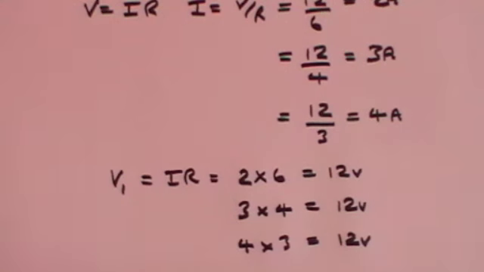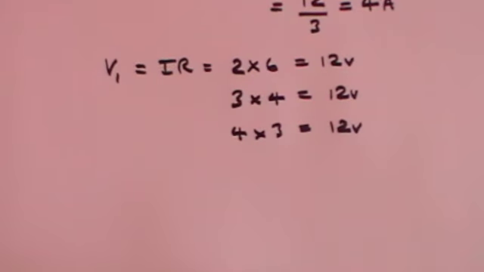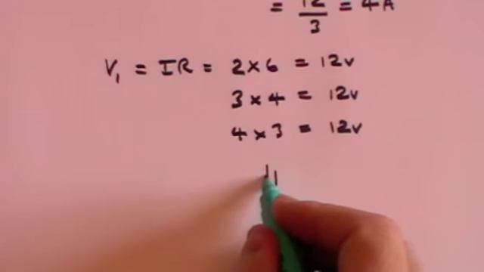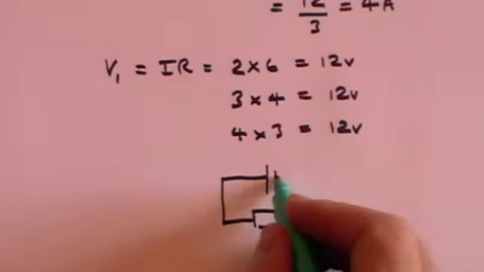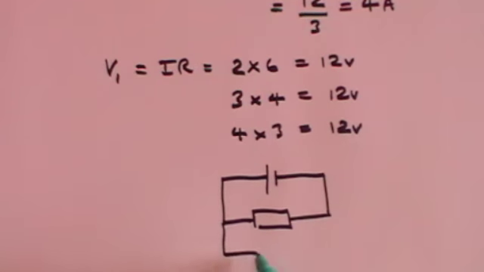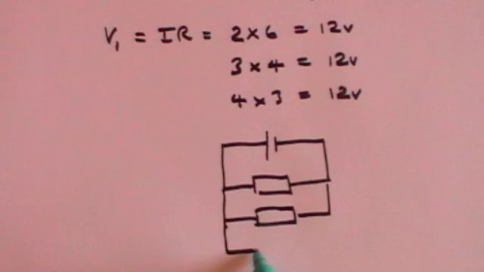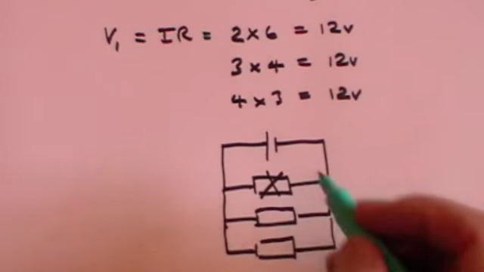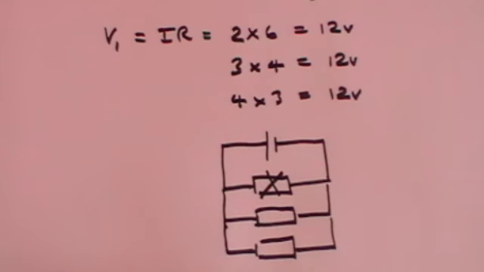Why might it be an advantage to wire things in parallel? Well, here's the battery, here is component 1, here is component 2 in parallel, here is component 3 in parallel, and you'll notice now that if it just so happens that this component, suppose it's a filament lamp, completely breaks, no current flows in this part of the circuit because that limb has been broken because the component is broken.